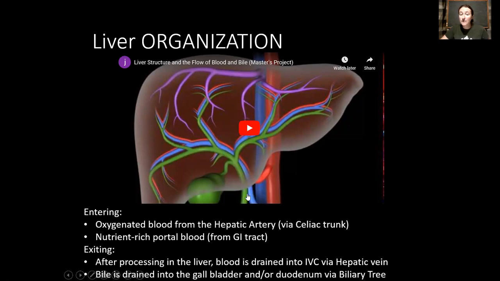Right, so while the liver is processing this nutrient-rich oxygen-poor blood, it is making bile. And that bile is going to drain out the bottom. If we are eating lipid-rich substances at the moment, it's going to go right into the duodenum here. If not, it's going to be stored within the gallbladder. Okay, so let's take a look at how the liver is organized to facilitate these many different circulations.